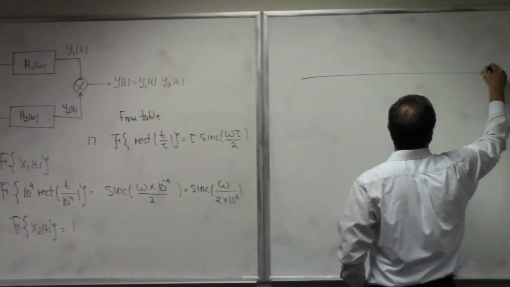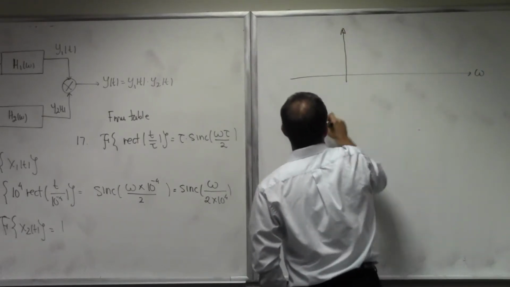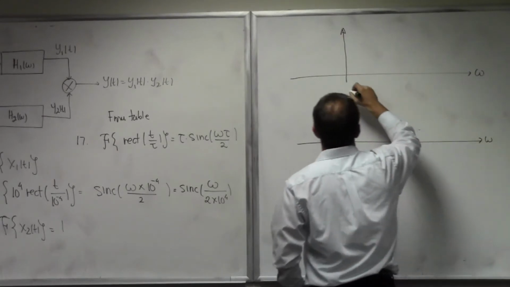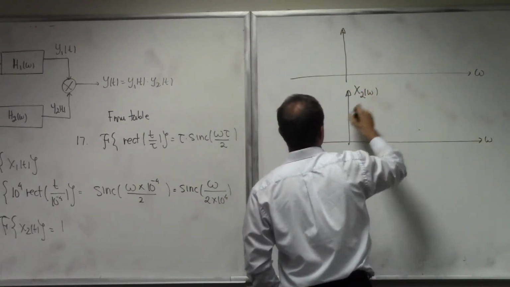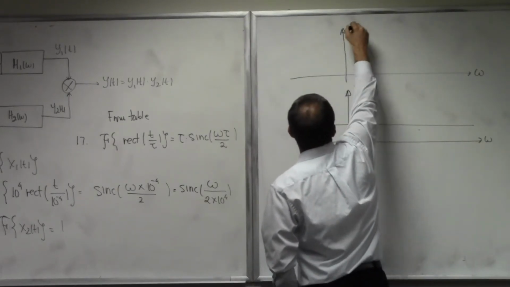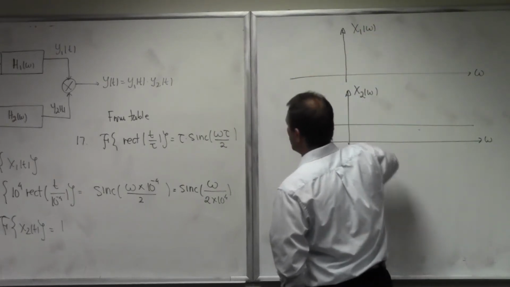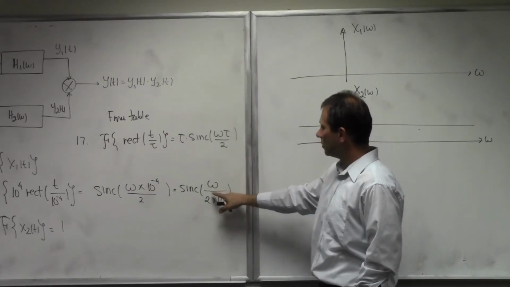This is the omega axis, and this is X2 of omega, which is trivial. And X1 of omega, for a good deal of frequencies, is close to 1.